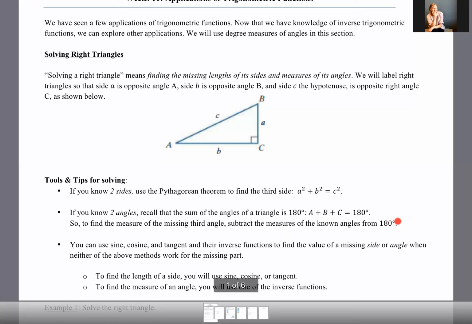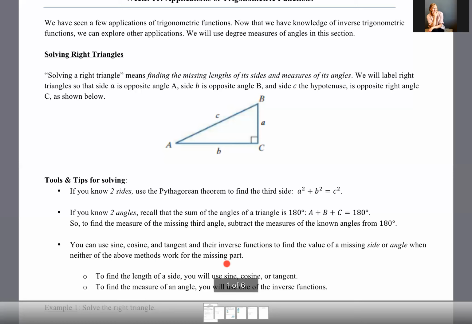If neither of these situations are the situations that we're presented with, then I can use inverse functions to find missing parts. And particularly, I'm going to use sine, cosine, and tangent inverse. We didn't talk about the other inverse functions, so we're not going to use them. And this is particularly helpful to find the value of a missing side or angle when neither of the above methods work.